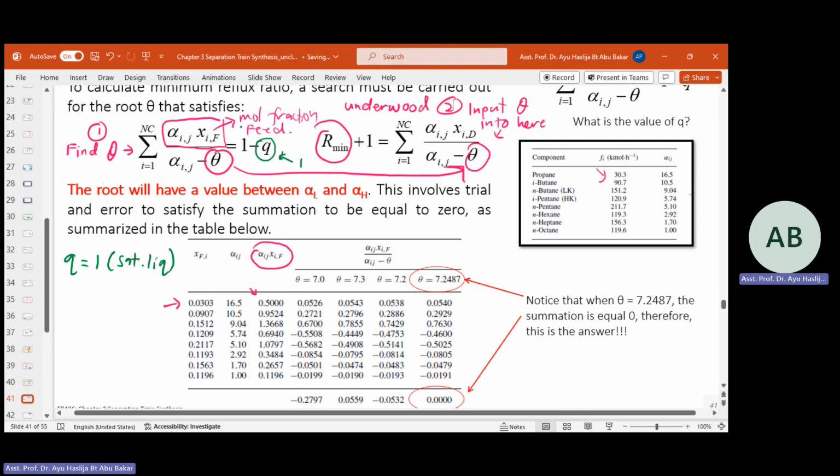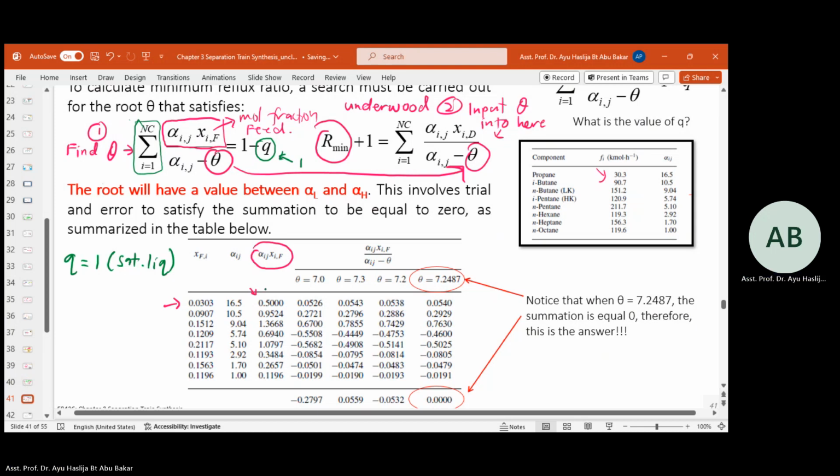Okay, 1 minus 1 is 0. The right side is 0. So we should find the value of theta so that the summation equals 0. Remember, the equation over here is a summation. So the summation of all values, this part over this part, should equal 0.